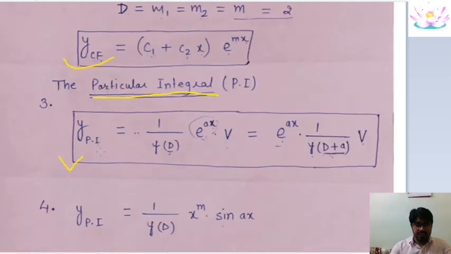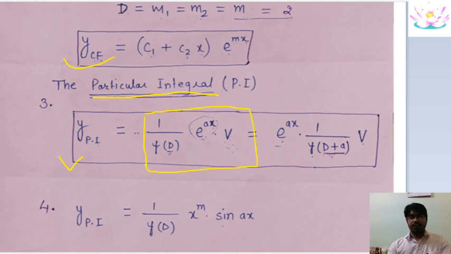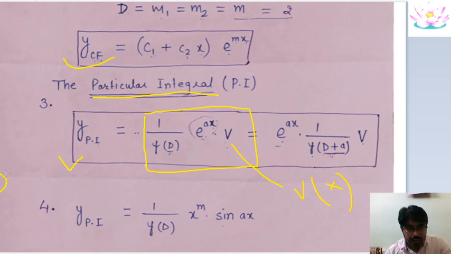The first formula is 1 upon f(D) into exponential and V. V is nothing but a function of x. To solve this kind of problem, what we simply do is replace D with D plus a.